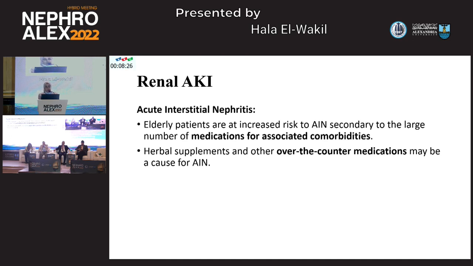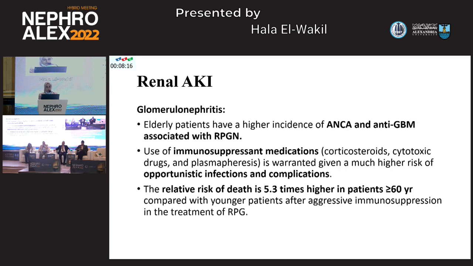Acute interstitial nephritis is secondary to medication for associated comorbidity, besides the over-the-counter medication and herbal supplements commonly used by elderly people. GN is also common in elderly patients, and the most commonly encountered types are the ANCA and anti-GBM associated RPGN.